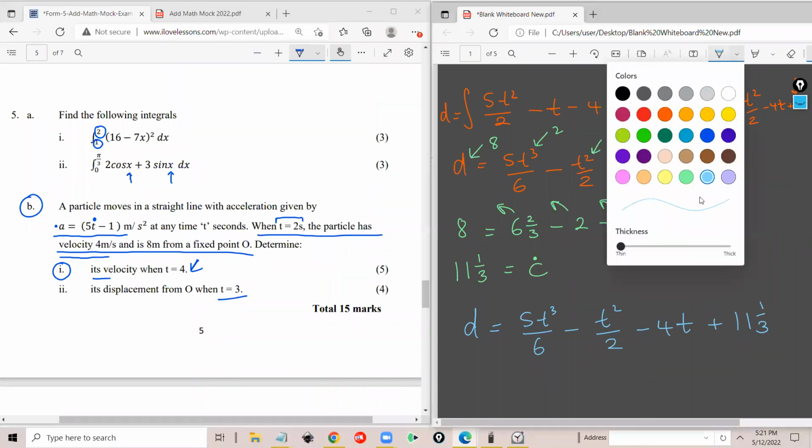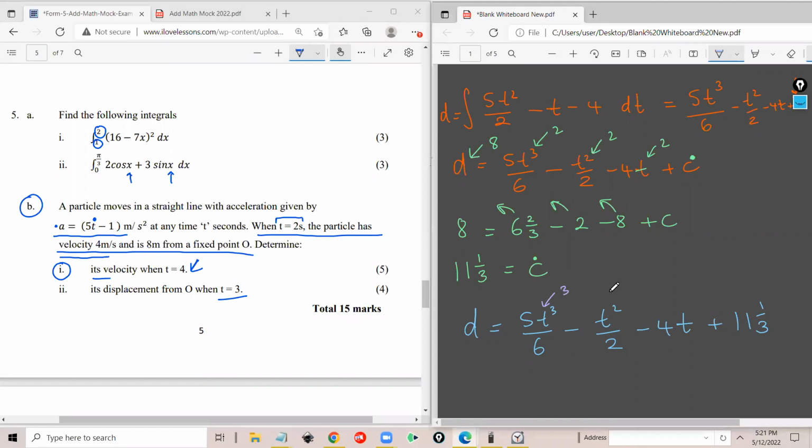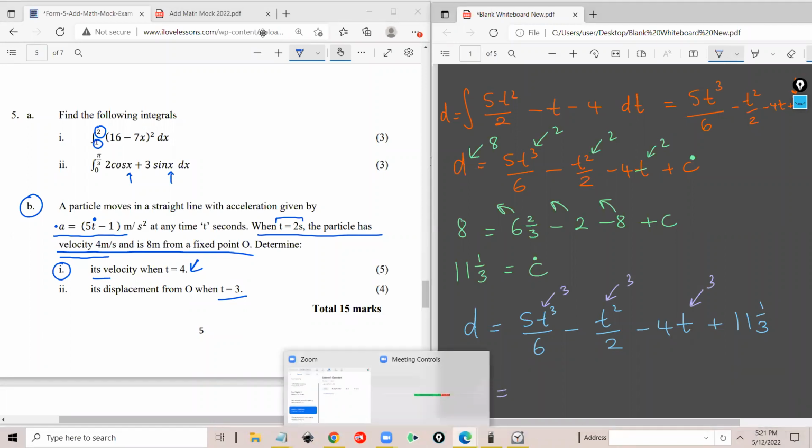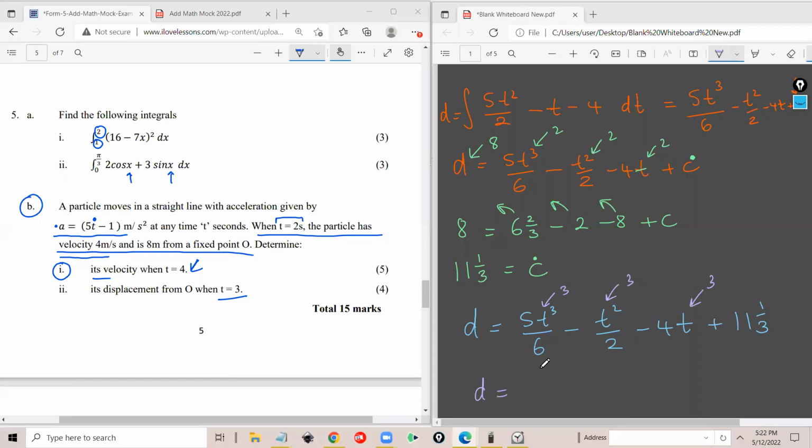All they have to do now is go and replace all the t's with 3 and work out the displacement and send me that final answer. Right, so Khalil, I'm getting the same thing as you and Abidesh. I am getting 17 1/3 meters. That's what I am getting, or 17.33, however you want to put it. So please confirm on your end.